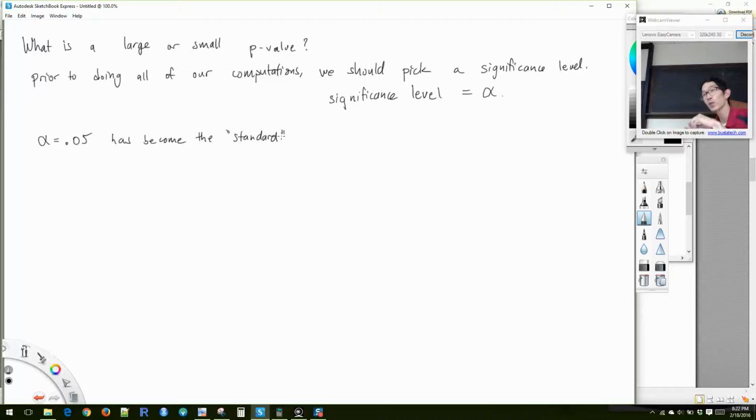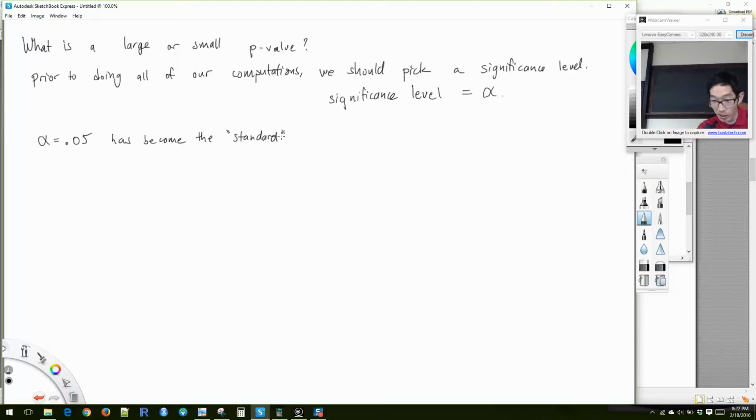A lot of times if you've done some research and you want your paper to be published, you're hoping that your p-value ends up less than 5%. A lot of people argue about this, and it has come under a lot of criticism.